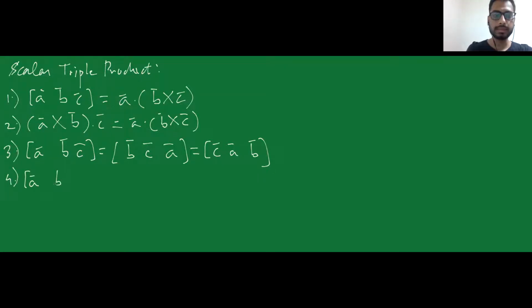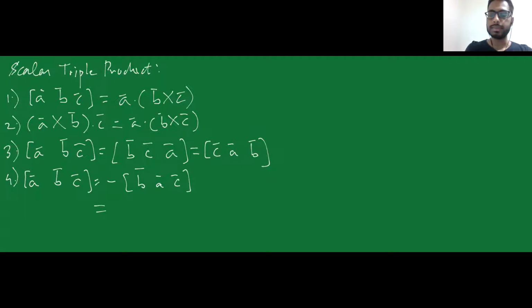However, if I interchange A bar and B bar, there is going to be a difference of minus sign in value. Therefore, I can say that this term is equal to, if instead of AB, I write BA, keeping the position of C constant, there's a difference in minus sign.